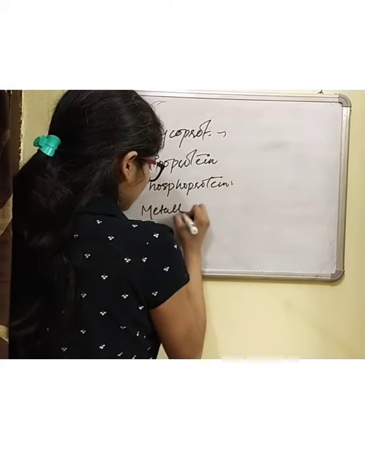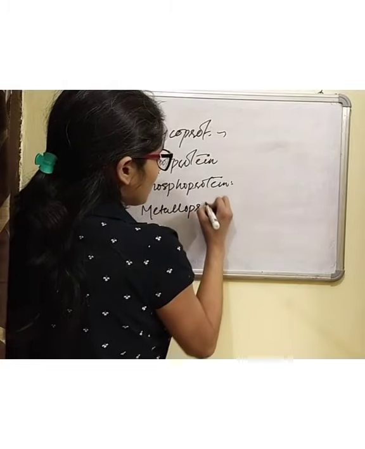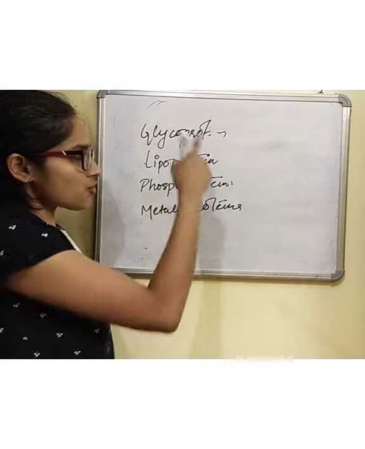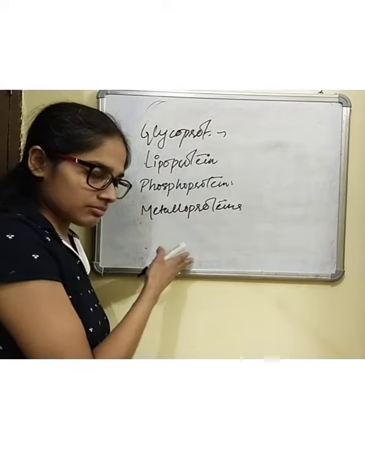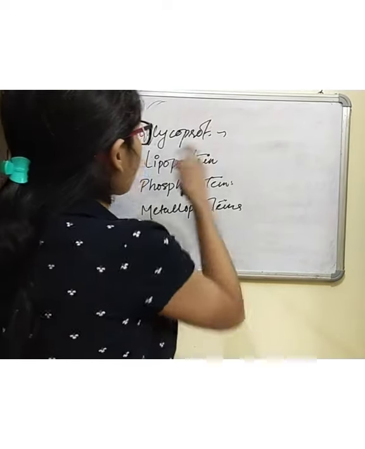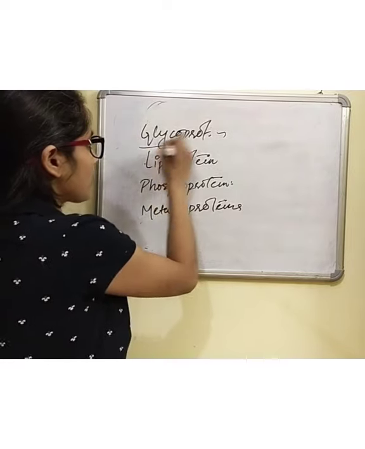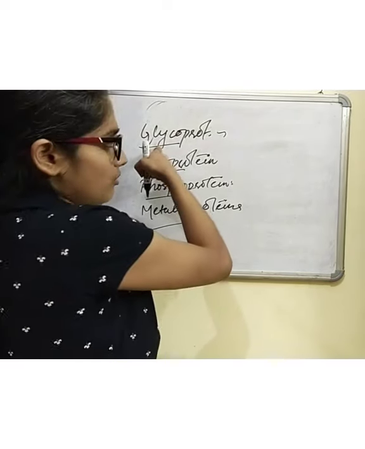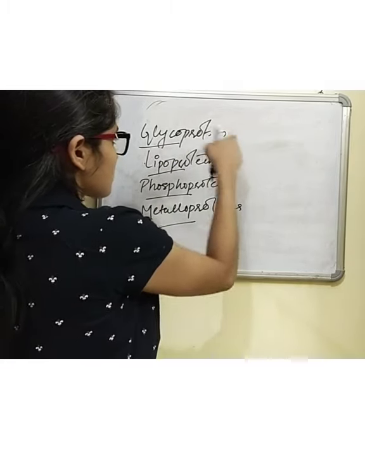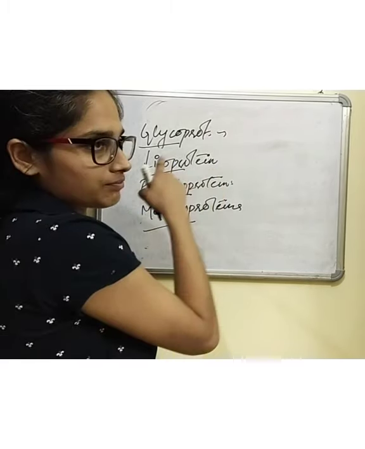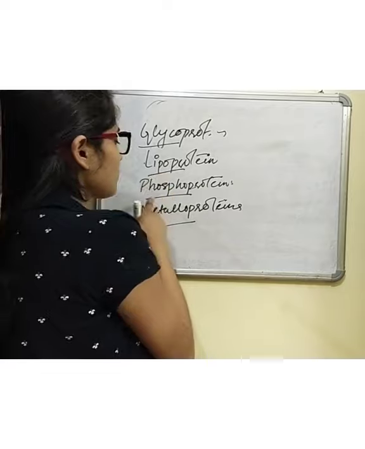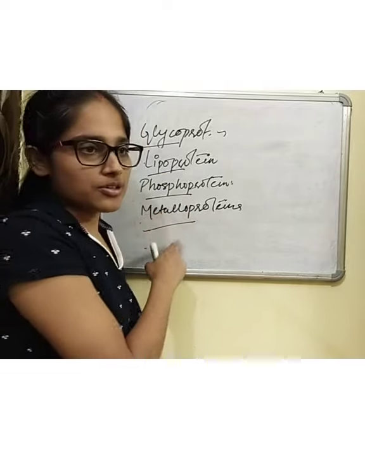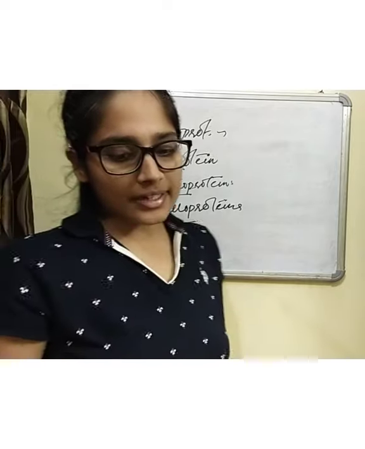Then we have metalloproteins. So these are some of the categories of conjugated proteins, which vary in their prosthetic groups: carbohydrate, lipid, phosphate, and in metalloproteins the prosthetic group is a metal.